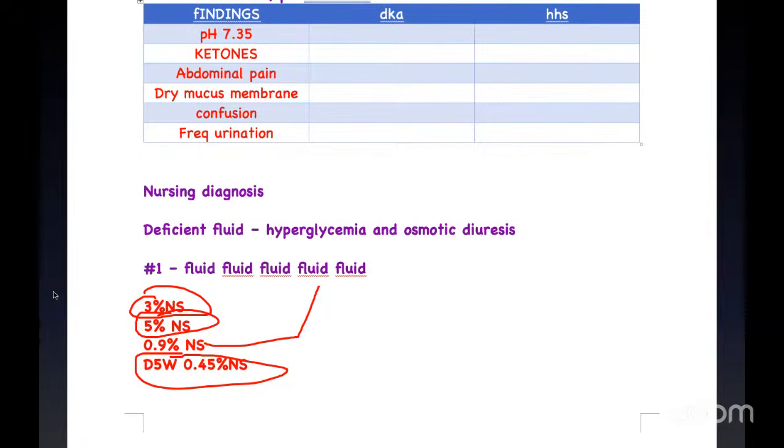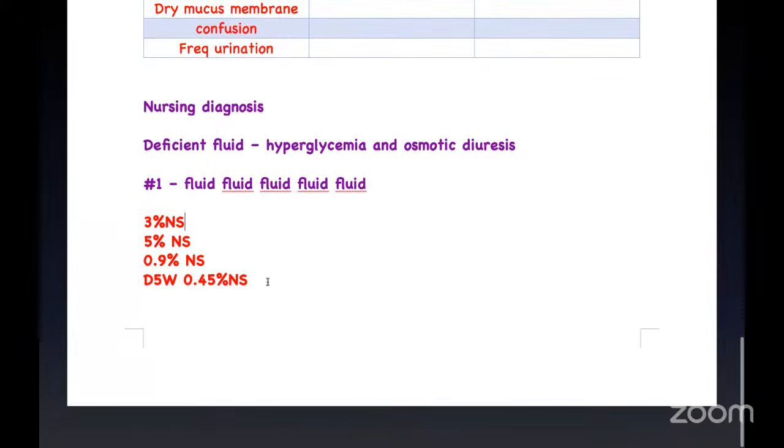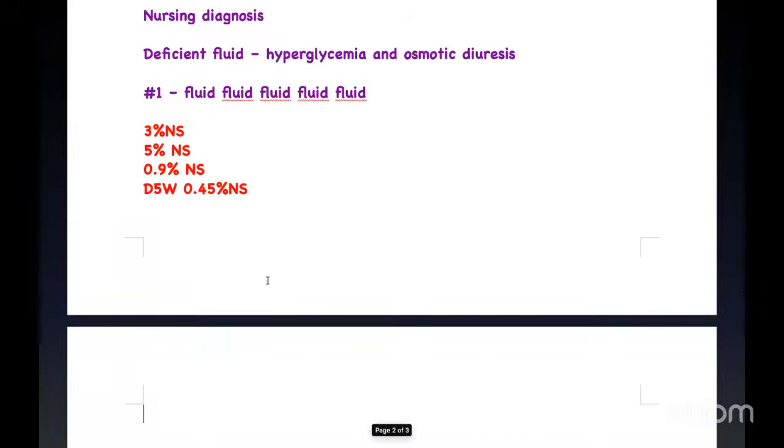What is the main problem with this condition? You have to know the pathophysiology. In DKA, you have a metabolism problem. In HHS, you have just an osmotic problem: hyperglycemia, hyperosmolar. That's the difference. In DKA, you break down fat to make ketones.